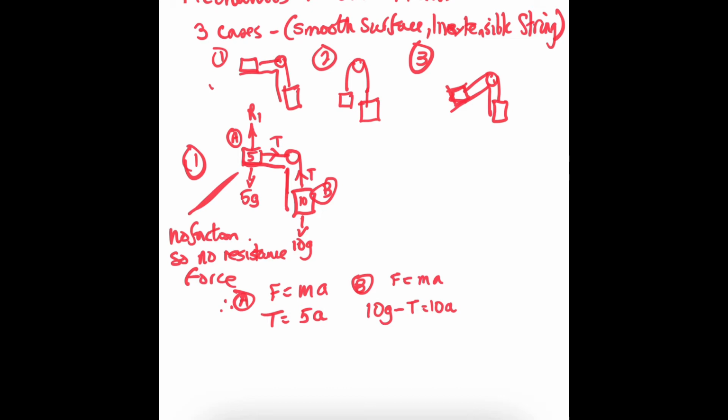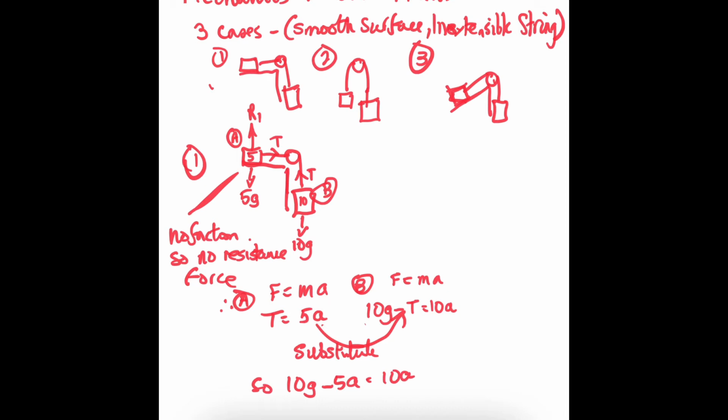Now what we can do is substitute T with 5a in equation B, and then you will have 10g minus 5a equals 10a. So let's write that down: 10g minus 5a equals 10a.